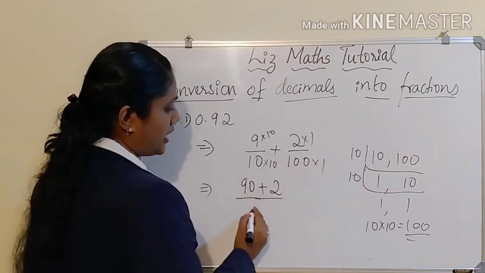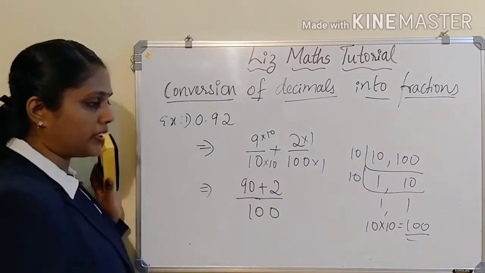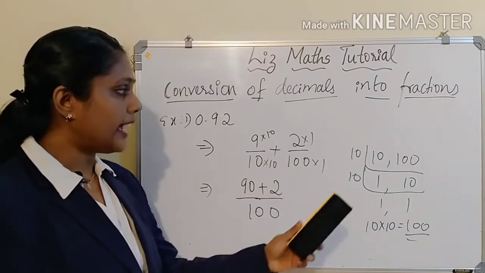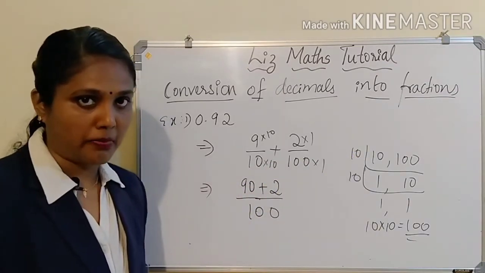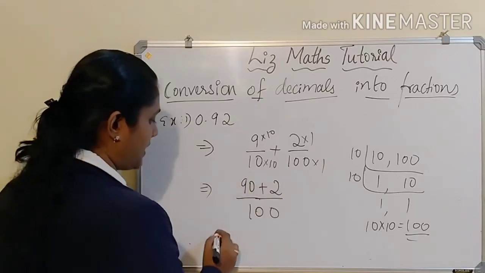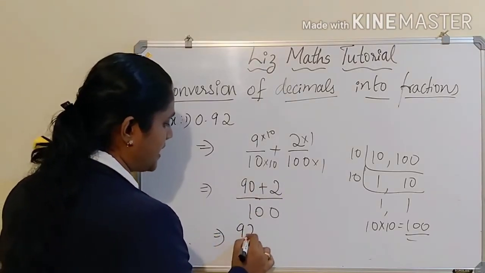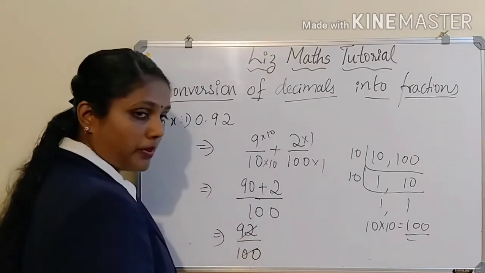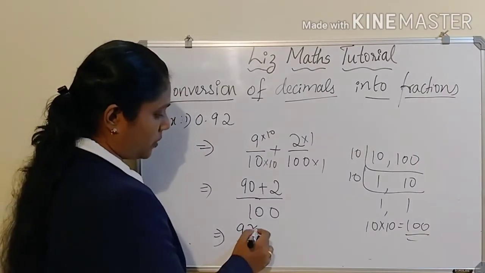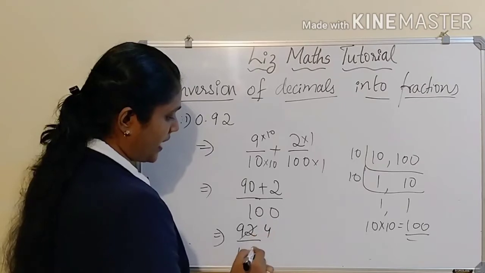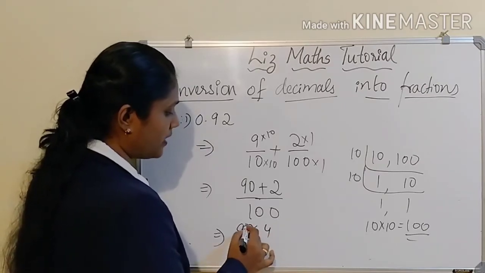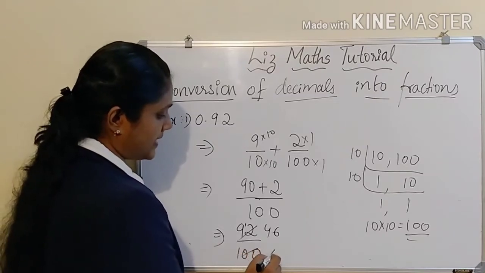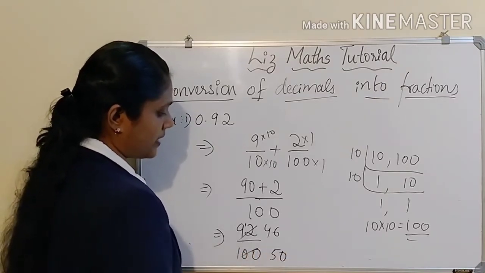So here the denominators are common. So our intention is to make the denominator common. That's why we are taking LCM here. So 90 plus 2, 92 by 100. Now make it a smaller number. 2 4s are 8, then remaining 12, 2 6s are 12, 2 5s are 10, then 0 is remaining.